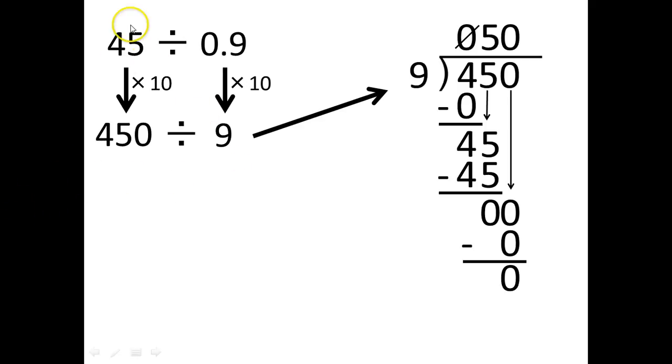So the quotient to this original number sentence is going to be the same as this number sentence. Therefore, we know that 45 divided by 0.9 is also 50. So this is one way you could go about finding the quotient of a division problem that involves decimal numbers.